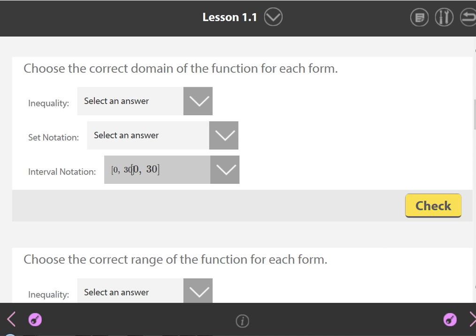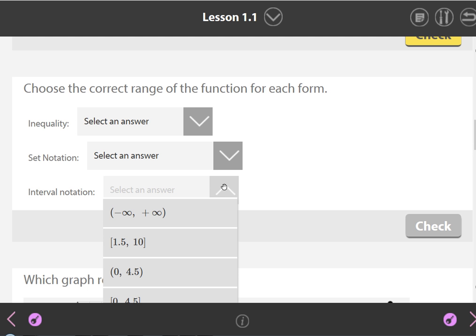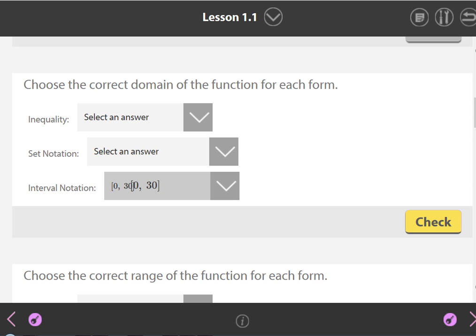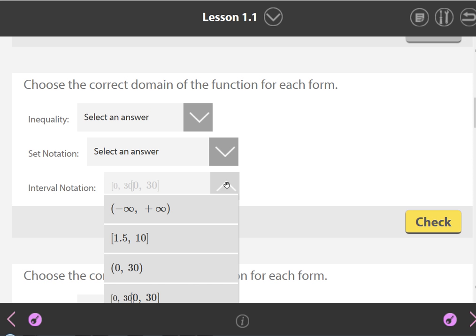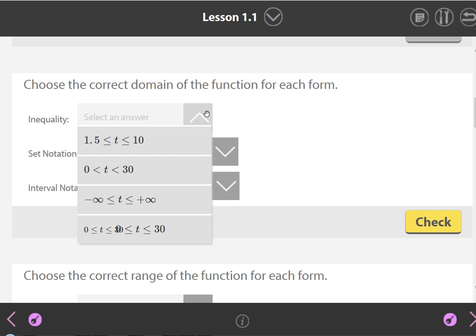What's going on here? A different question. Let's just do that one. I don't get this. This computer's having an issue here, but it should be the bottom one, shouldn't it?